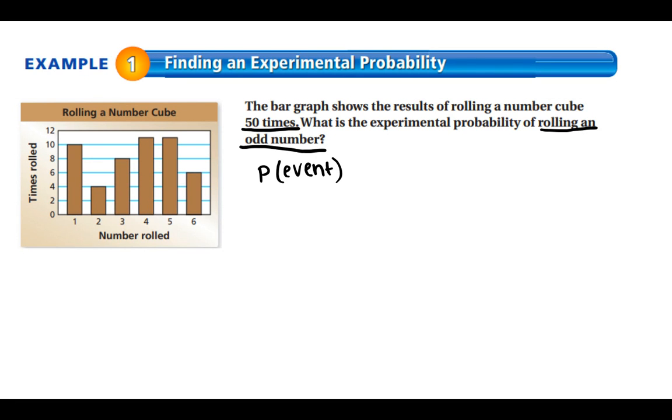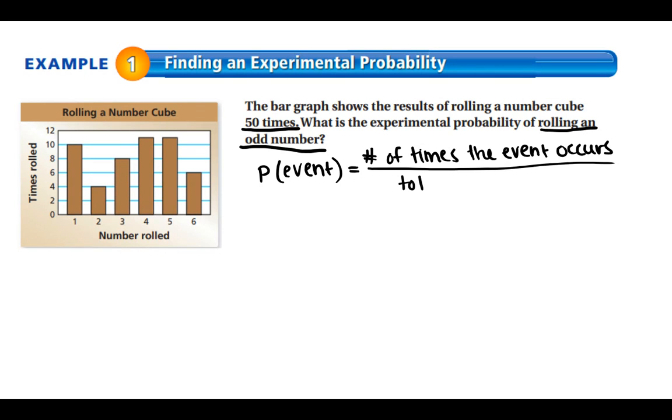The probability of the event is the number of times the event occurs over the total number of trials.